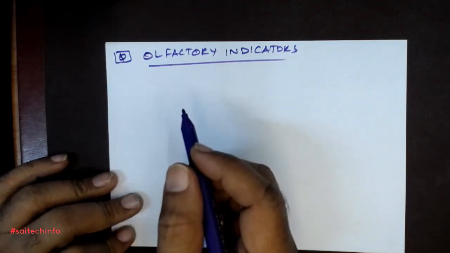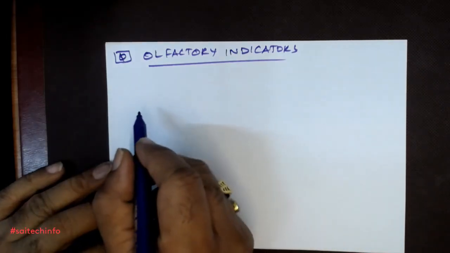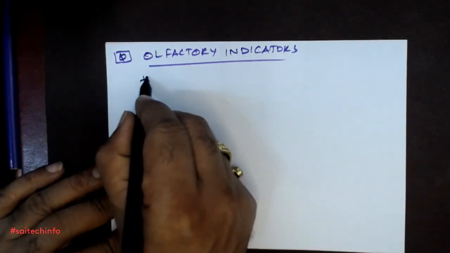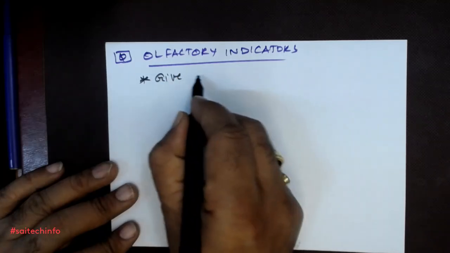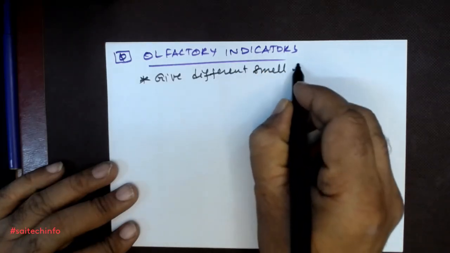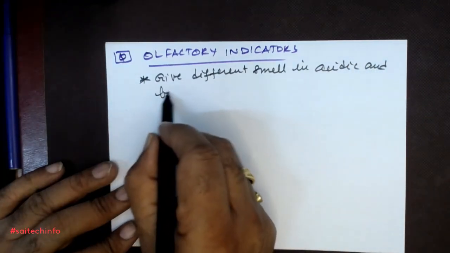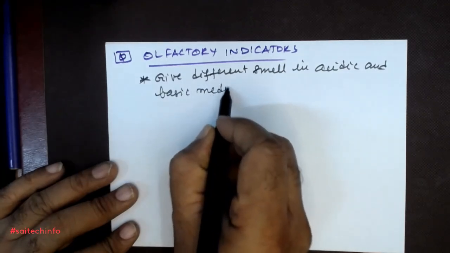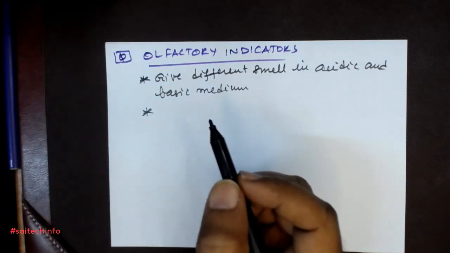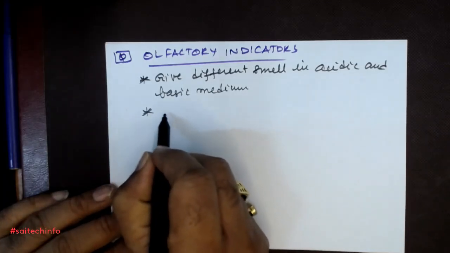Olfactory means they give different smell in acidic and basic medium. Example: onion, clove, vanilla.